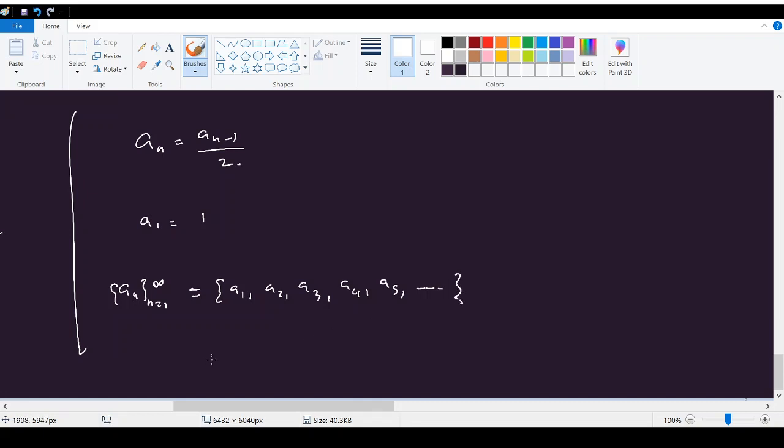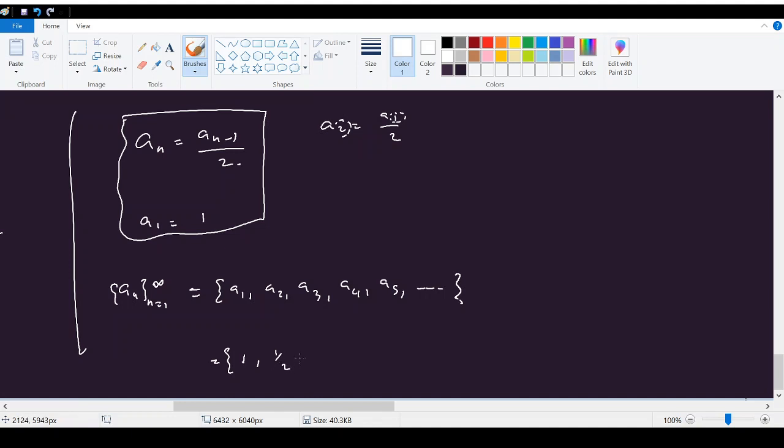According to the way that we have defined it, a1 will be equal to 1, right? And a2 will be equal to a1 divided by 2. To calculate a2, we needed the value for a1, and in this case it is 1, so that divided by 2.